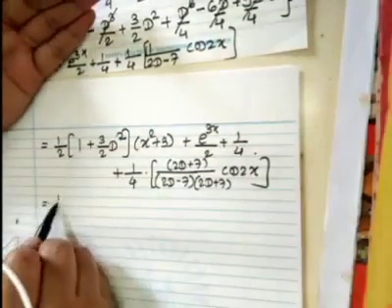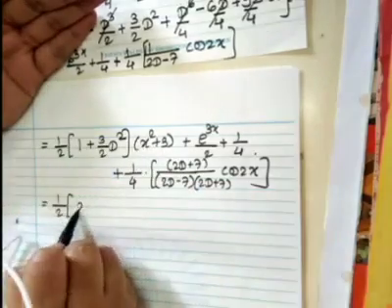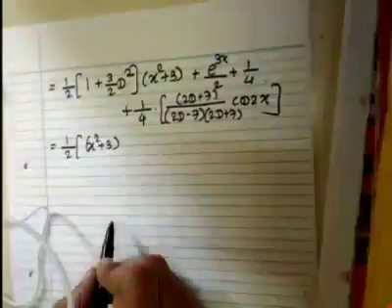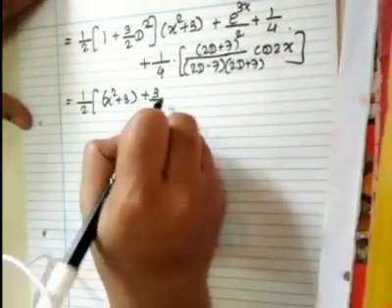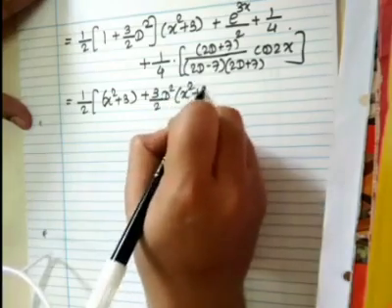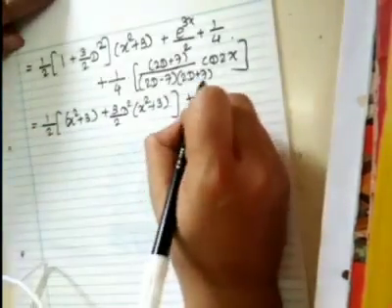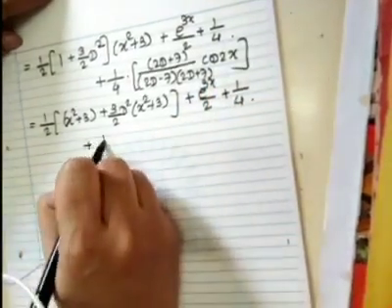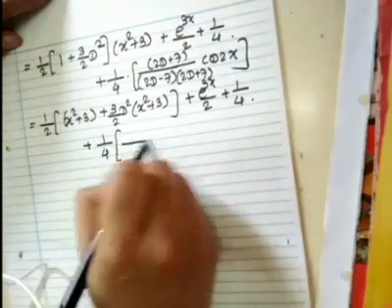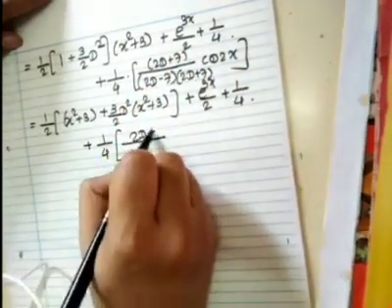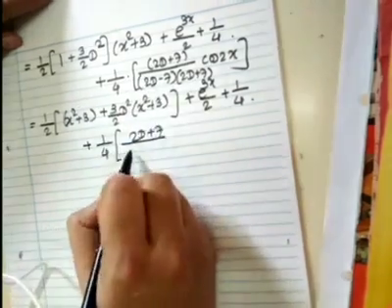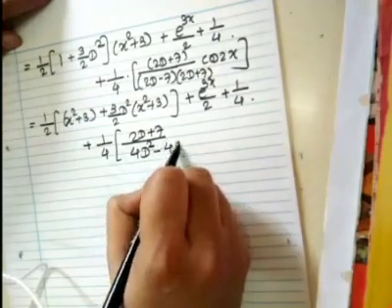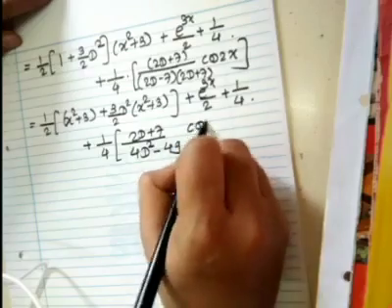Then 1/2 1 into this, so it is x square plus 3, then plus 3 by 2 D square of this x square plus 3 completes, e raised to 3x by 2 plus 1 by 4 plus 1 by 4 into, this is 2D plus 7 upon 2D square, that is 4D square minus 49 into cos 2x.